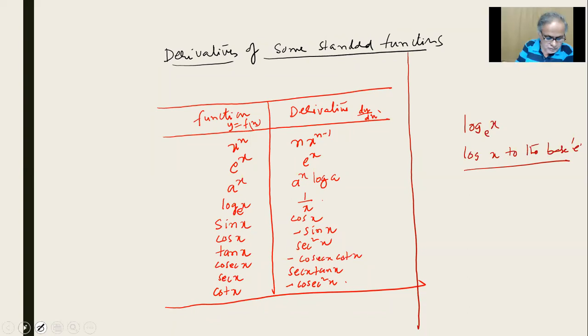I'll give you one more formula. The quotient rule, or quotient formula, whatever. What is this quotient rule?